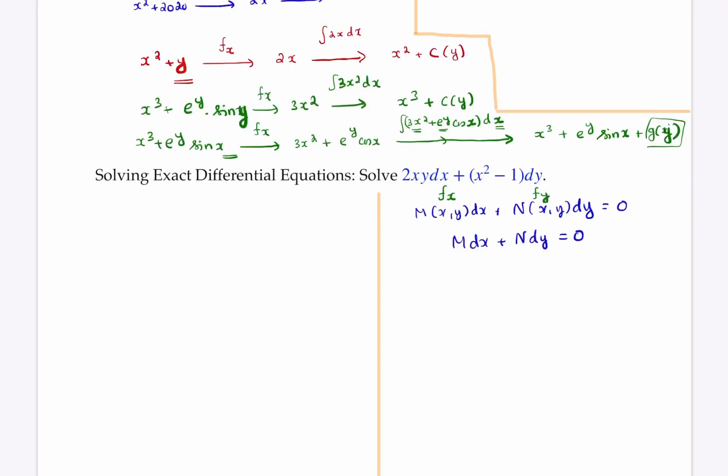So we are hoping that. How do you know that our hope is right? That's step number 1: we verify whether it is exact or not.